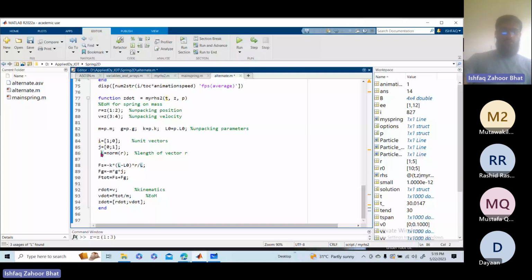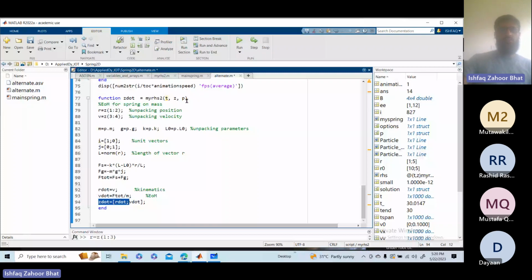From this function, we give my RHS. This is the name of the function, my RHS2, and the input to this function is: give me time, give me z value, and give me p. I will spit out the value of z dot.